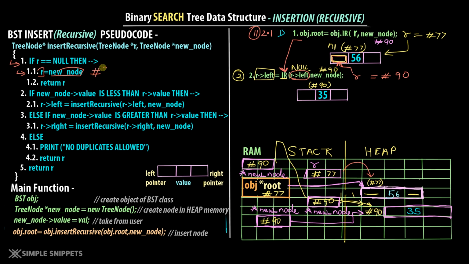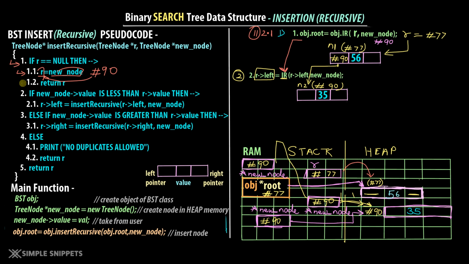So hash 90 will now be stored in r. R, as I mentioned, is nothing but the left pointer of n1. So now over here we will have hash 90. Correct? So basically what we did is we linked the first node n1, let's name this one as n2, with n2. So we linked n1 with n2 and n2 became the left child of n1.